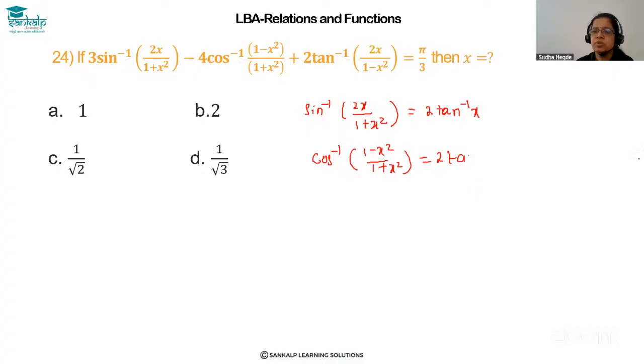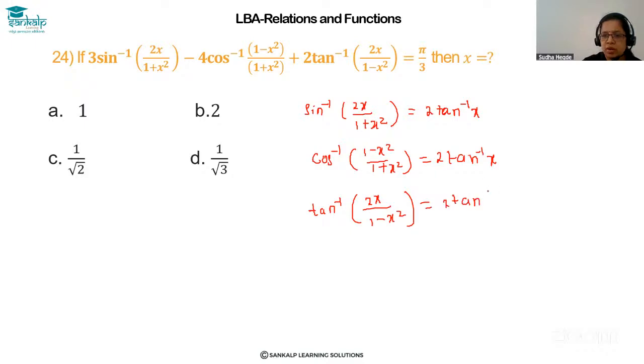Already you have proved. And same way, tan inverse 2x divided by 1 minus x square is 2 times tan inverse x.